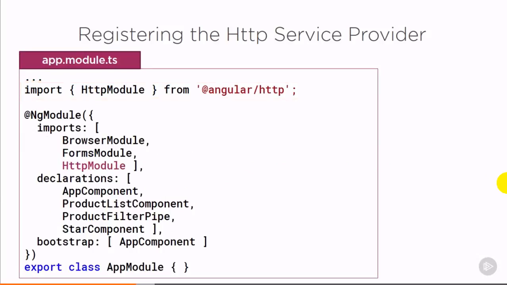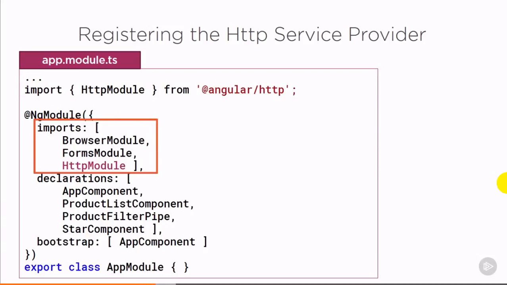To include the features of this external package in our application, we add it to the imports array of our application's Angular module, @NgModule. Recall that the declarations array is for declaring components, directives, and pipes that belong to this module. The imports array is for pulling in external modules.